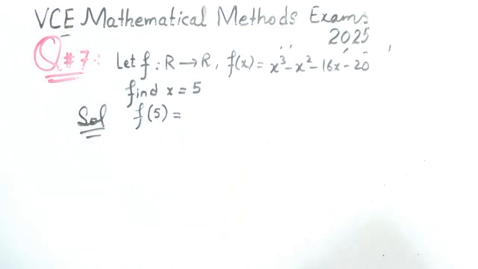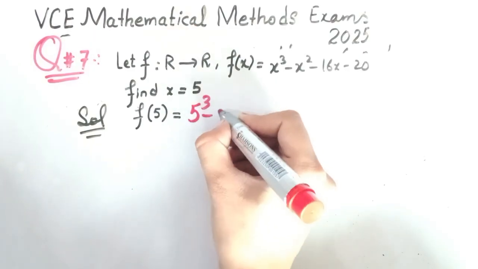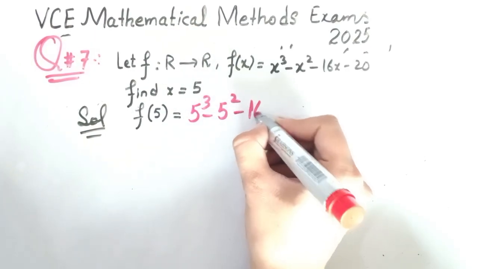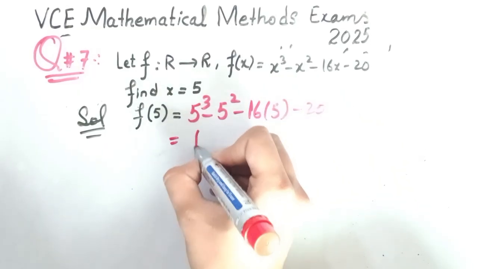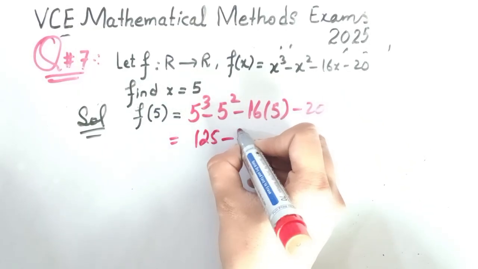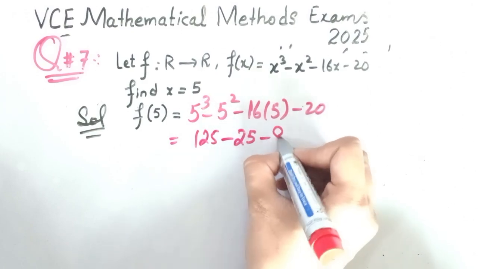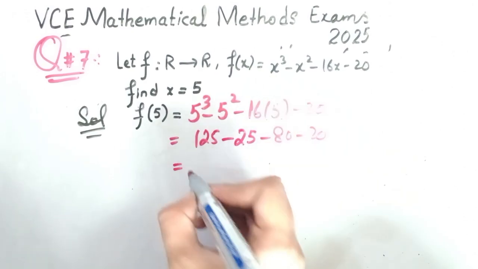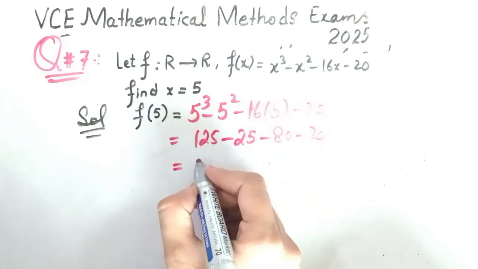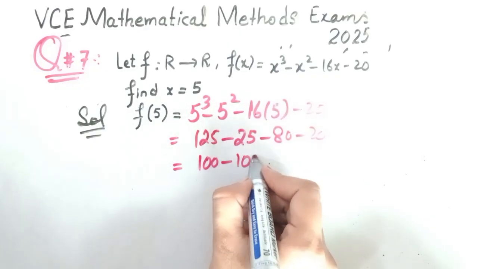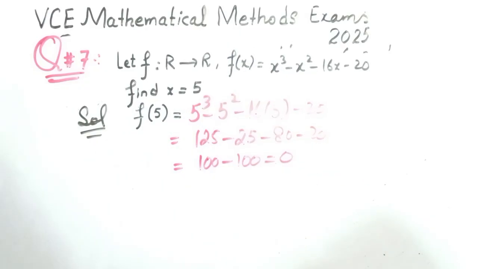X cube means 5 cube, minus 5 square, minus 16 into 5, minus 20. 5 cube is 125, minus 5 square is 25, minus 80, minus 20. So this becomes 125 minus 25 is 100, minus 100, which equals 0. So our final answer will equal 0.